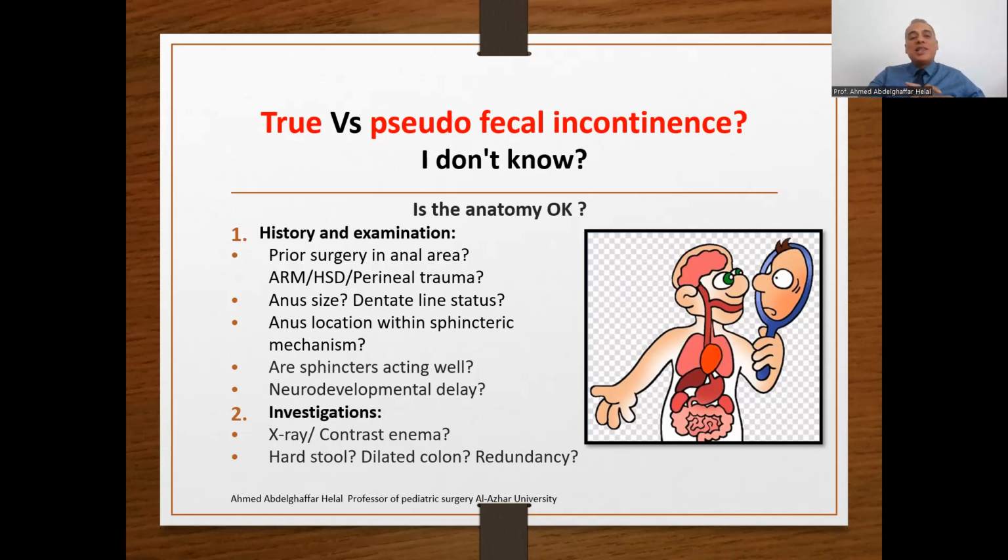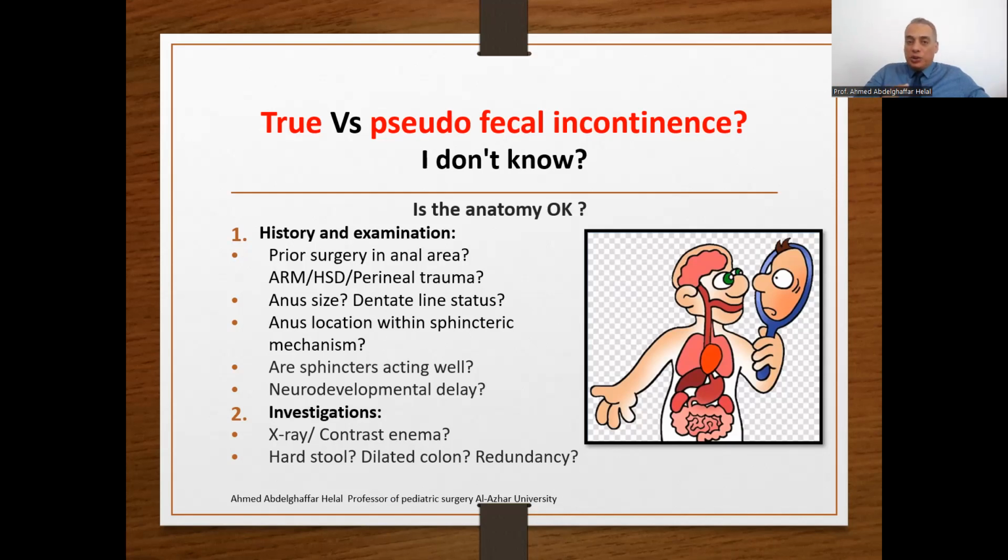Anus location within the sphincteric mechanism. We may need to perform examination under anesthesia and examine the sphincter. Does this sphincter perform what's supposed to be performed? Contract and relax. Neurodevelopment of the child.